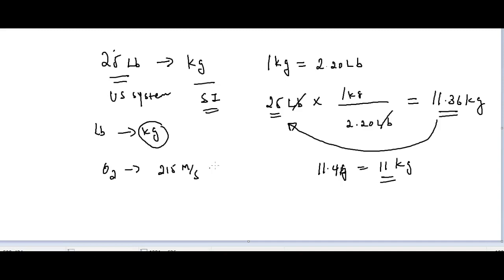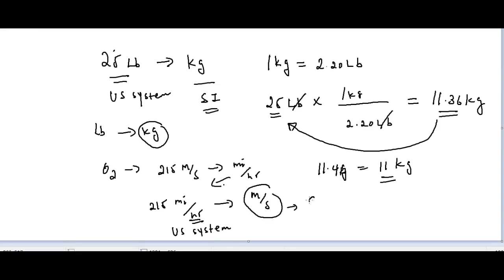We want to change that into miles per hour now, but I think I would make this in a different way. Let's say that we have 215 miles per hour and we want to change that into meters per second. Now, why did I change this? Miles per hour, like I said, is a US system of measurement. Meters per second is something called the SI system of measurement.